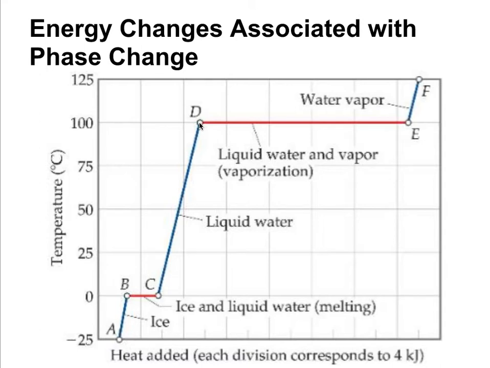From there, as the liquid water is turning into gas, as we add energy to it, the temperature is not going to increase either. It's going to stay the same until all the liquid water has turned into gas, and then the temperature of the water vapor will increase. So you need to remember that during phase changes, temperature remains constant.